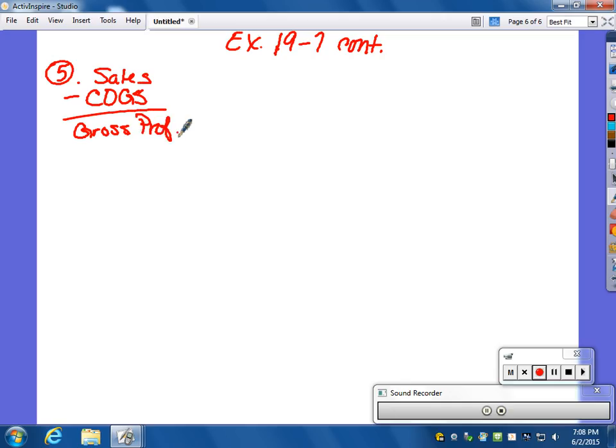The sales was 1,400,000, minus cost of goods sold 652,800, gives us a gross profit of 747,200.